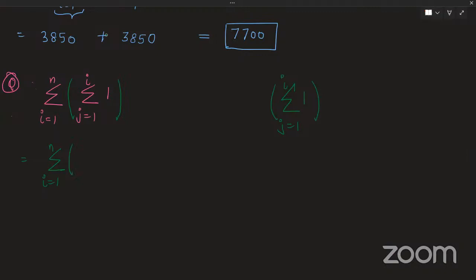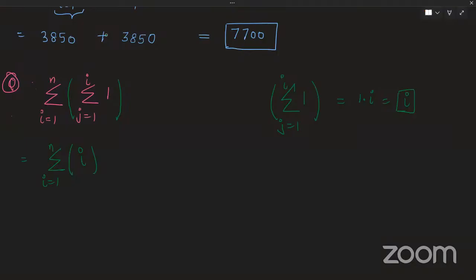How do you take sigma of a constant? It will be 1 into i, correct? And 1 into i is i only. So it will be i. What was so difficult?